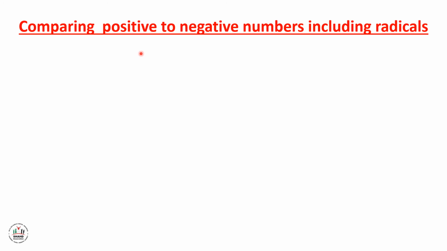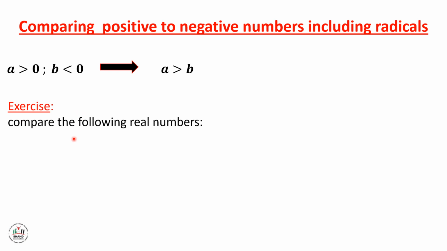Finally, we'll learn how to compare positive to negative real numbers, including radicals. If a greater than 0 and b less than 0, then we can write directly a greater than b, because a is positive and b is negative. Let's solve an exercise. Compare the following real numbers, plus 3 radical 2 and minus 2 radical 3.